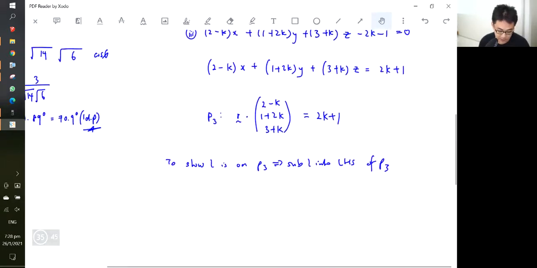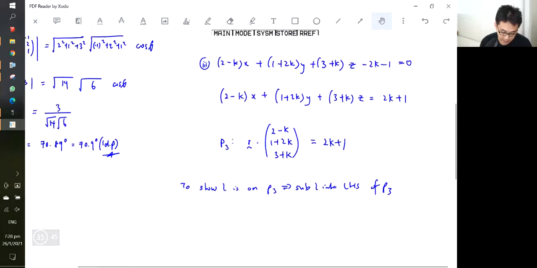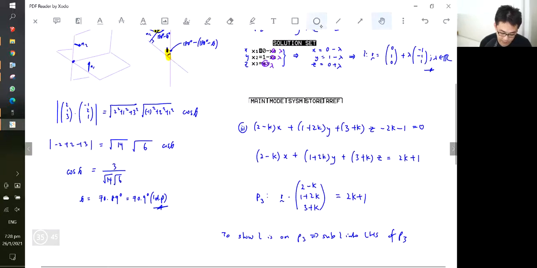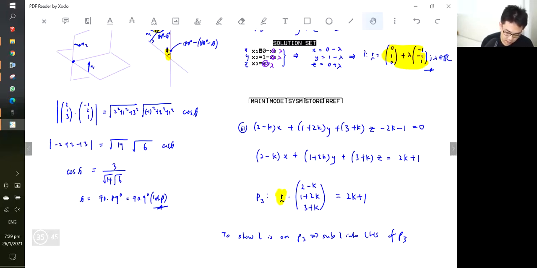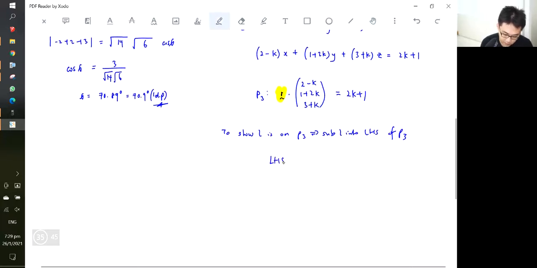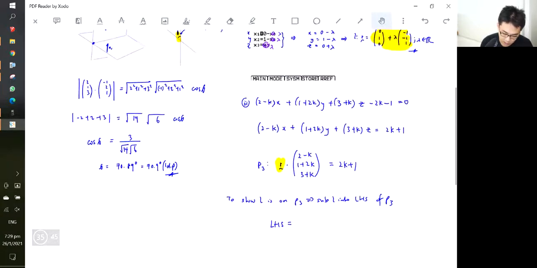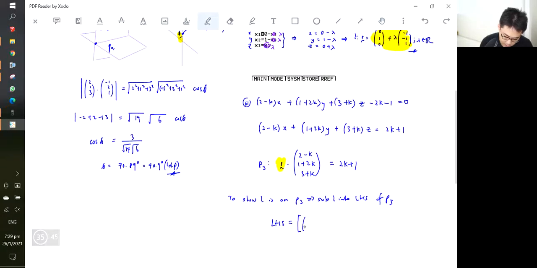So in this case, we just sub this whole L into the left-hand side. So P3: r is (0, 1, 0) plus lambda (minus 1, minus 1, 1), dotted with (2 minus k, 1 plus 2k, 3 plus k).